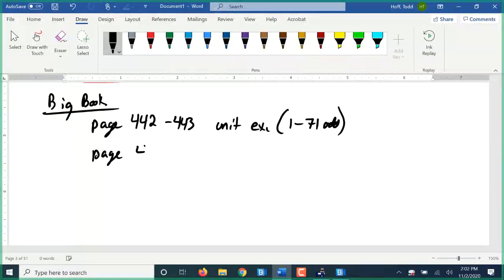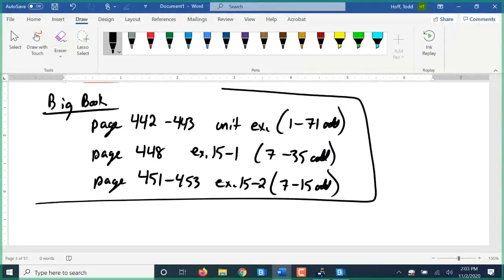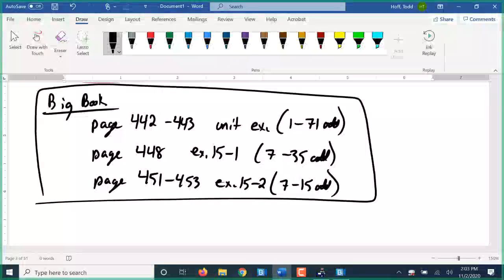And then page 448, exercise 15-1, 7 through 35, the odds. And page 451 through 453. Exercise 15-2. 7 through 15, the odds. So there's about 17 minutes left in our first hour of class here. We'll give you that time to get started working on those.